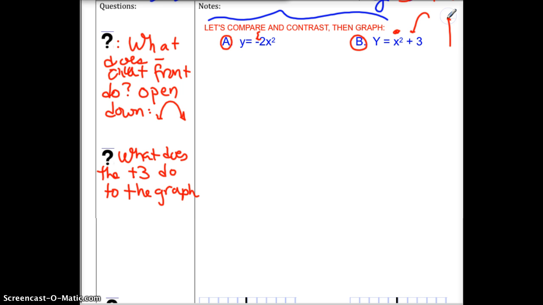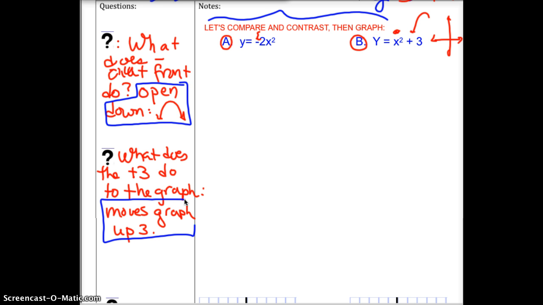And the y-axis is our up and down movement on the graph. So what that does is it moves the parabola up 3. Had that been a minus 3, it would move it down 3 along its axis. So putting a negative in front makes it open down. Adding a plus 3 on it moves it up.